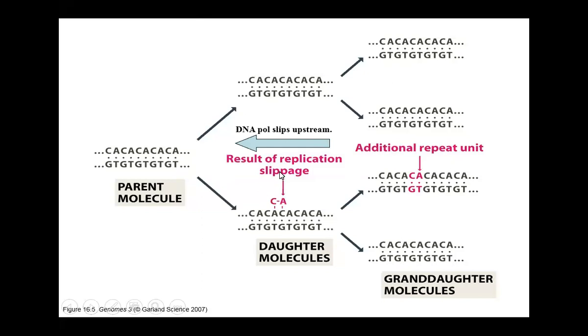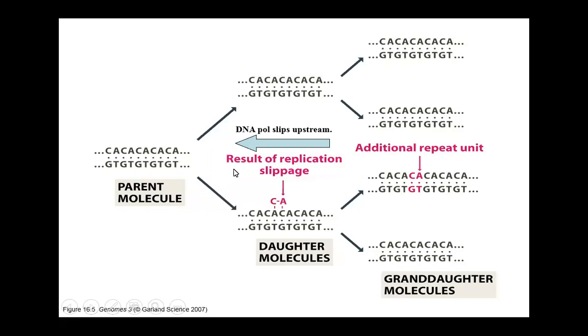Well, what can happen here is occasionally the DNA polymerase, if I were to personify it here, I would say that the DNA polymerase gets confused for just a second. Okay, obviously it doesn't get confused, but nonetheless, what happens here is the DNA polymerase, as it's synthesizing this repeat sequence, it can slip upstream or downstream just a little bit.